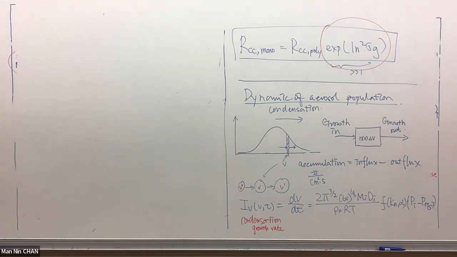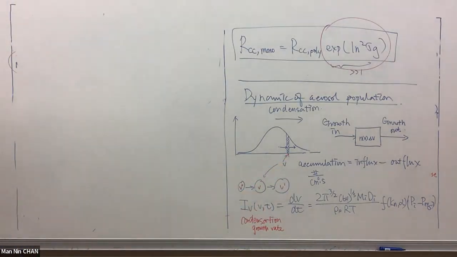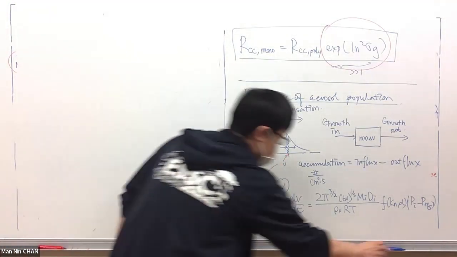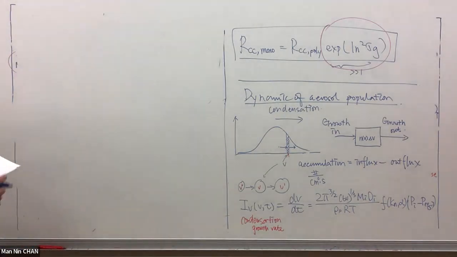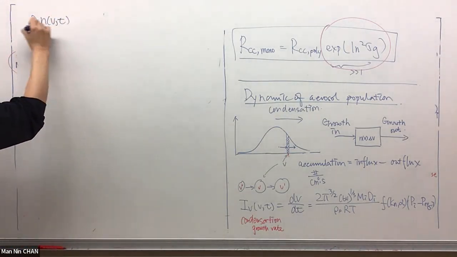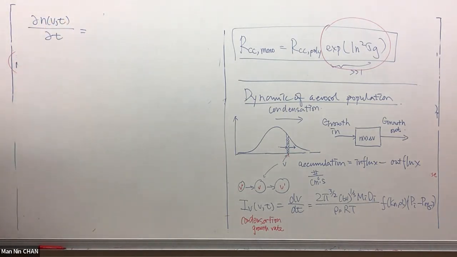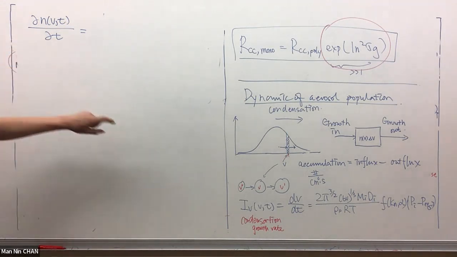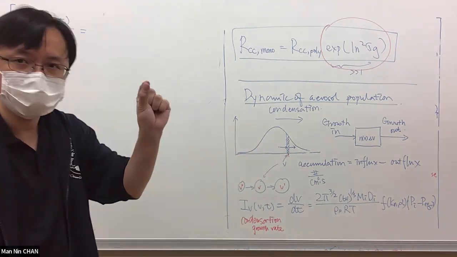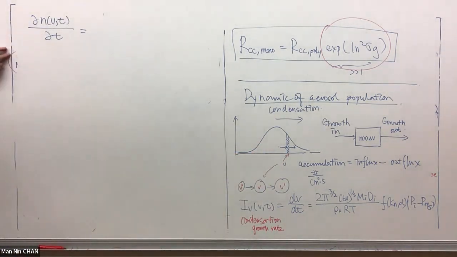So if you want to look at the number concentration of a given volume at a given time, what this equation means is that you're looking at, for a certain particle volume, the number concentration of the particle at that volume at a given time, and how it changes with time.